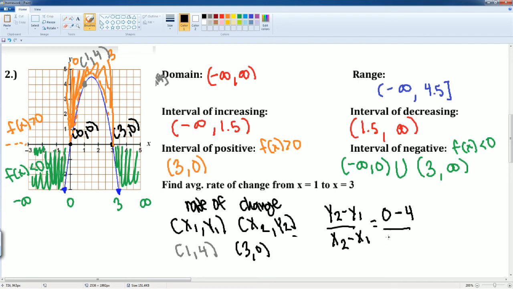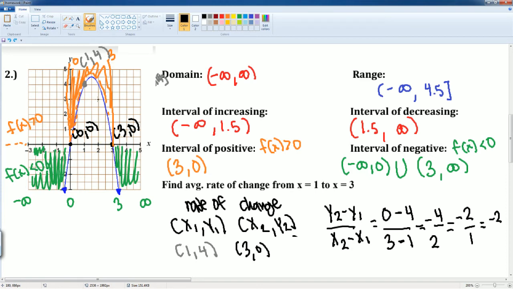Divide this by x2, which is 3, minus 1 for the x. 0 minus 4 is negative 4. 3 minus 1 is 2. We can simplify this to be negative 2 over 1, or you can say it is just negative 2 as well. So that is the rate of change from this point all the way to that point there.